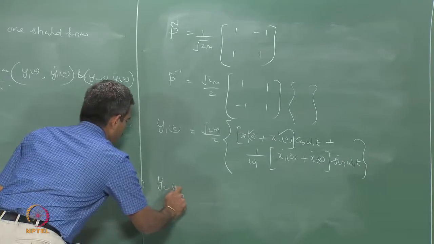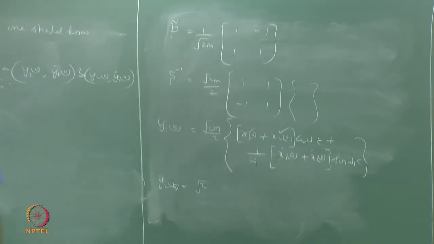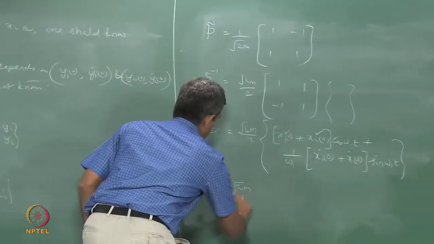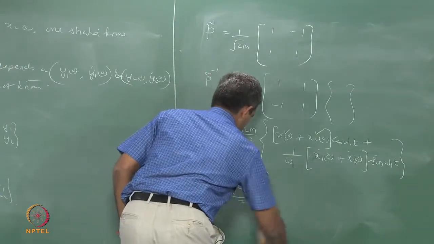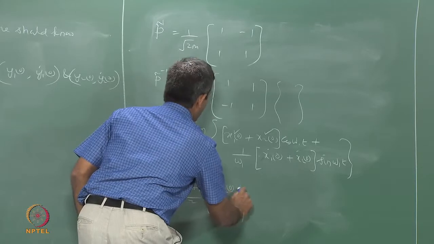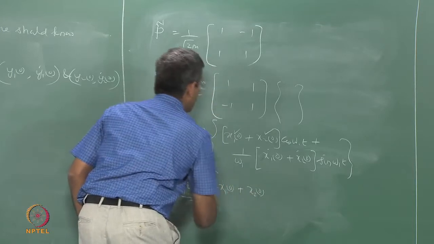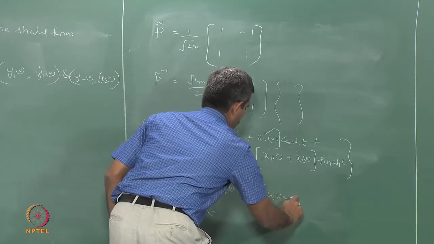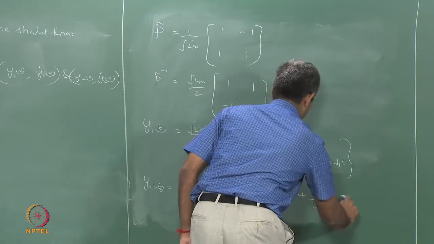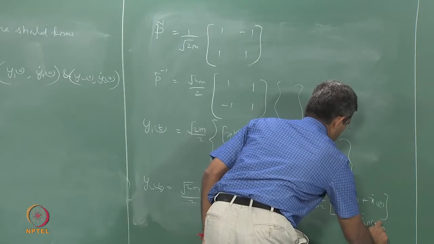Similarly, y2 of t is root 2m by 2 of minus x1 0 plus x2 0 of cos omega 2 t plus 1 by omega 2 of minus x1 dot 0 plus x2 dot 0 of sin omega 2 t.